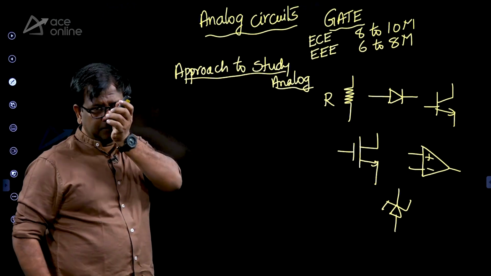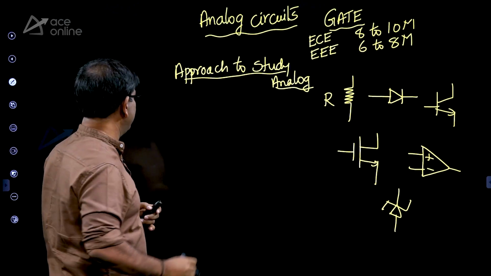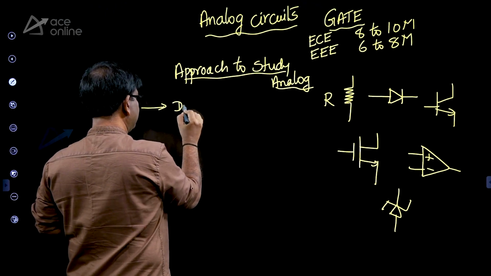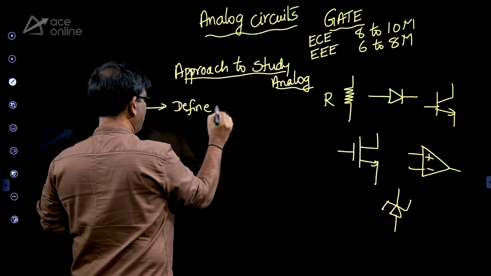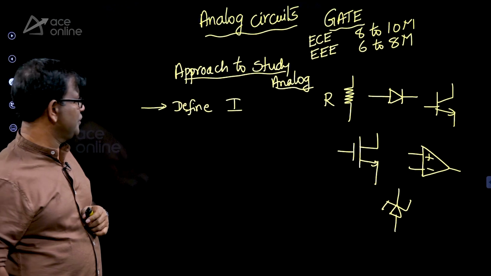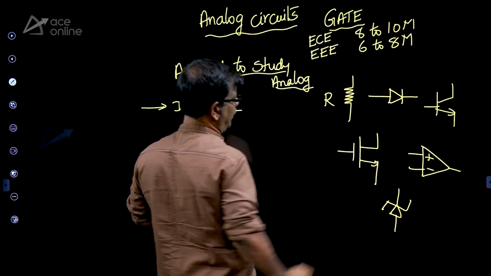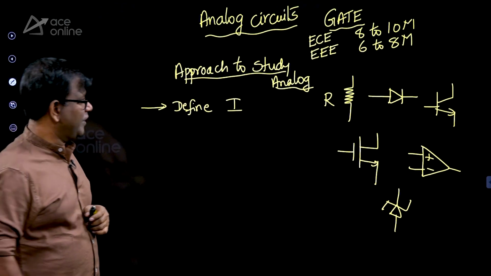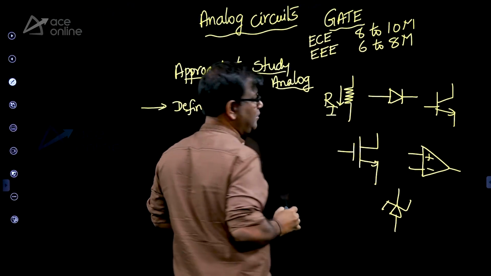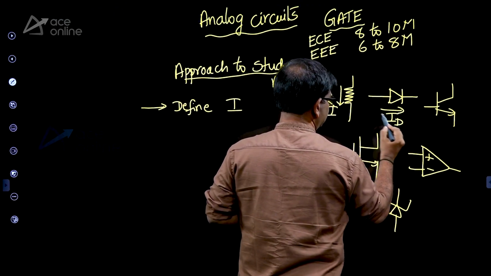So how do we start? Whenever you want to start the subject, you have to remember that the first thing is you should define something called the current flowing through each device. You have to allot a unique value of current to every device. For example, if there is a resistor, you can say there is a current I or I1. For a diode, there is some I1 or ID.